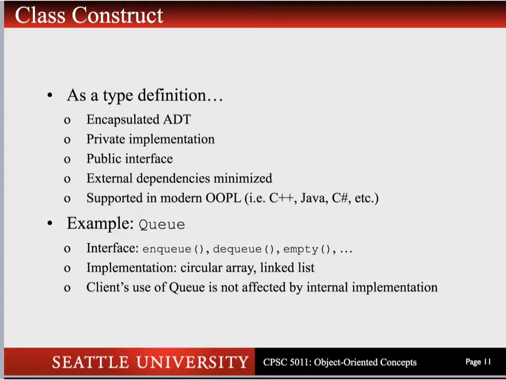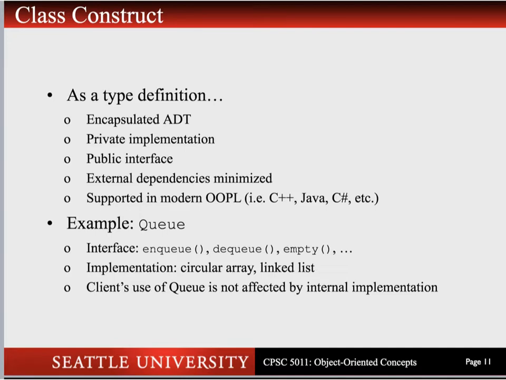Next, we'll talk about a class construct, and when we're talking about it as a type definition, we have this encapsulated abstract data type where we have data that is privately encapsulated within the definition of this abstract data type, and public ways to interface with that data.